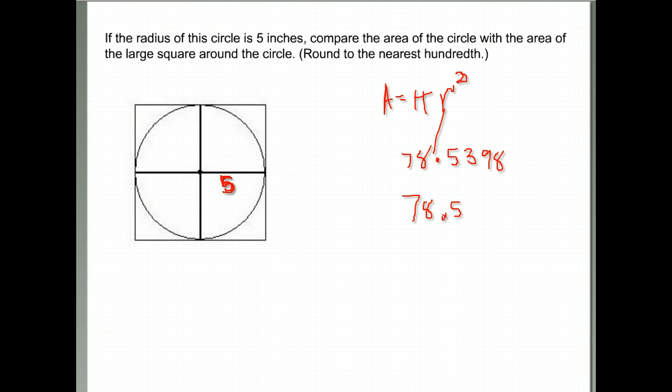Now let's find the area of the square. Notice the radius of the circle is 5, which means halfway across that square is 5. So what's the length of one full side of the square? Oh, a little too much.